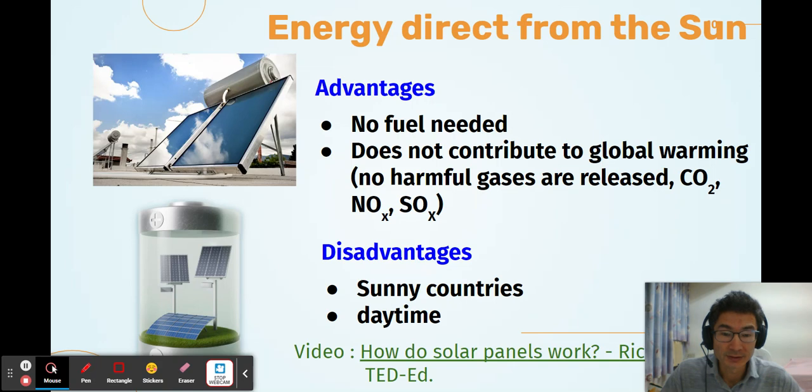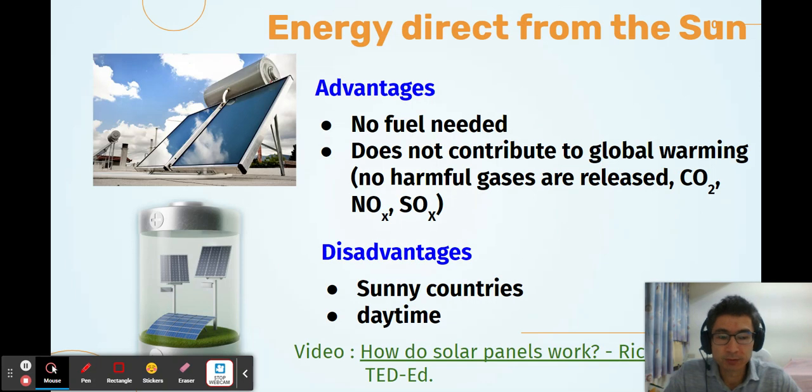Okay, so disadvantages. Some countries are not very sunny, like in the north, like Canada or the north part of Russia, or the North Pole or Antarctica.